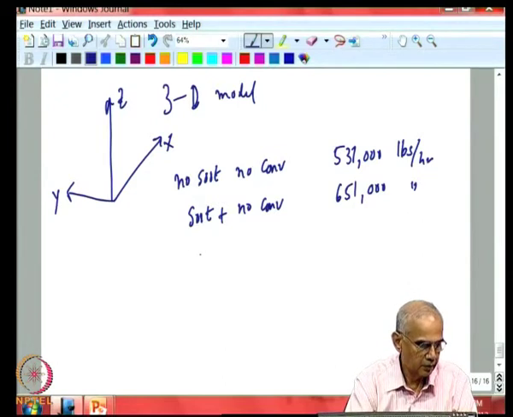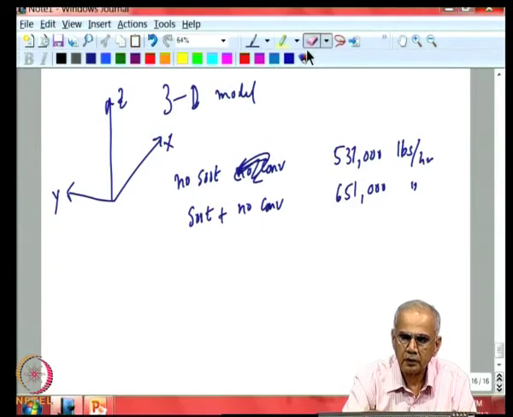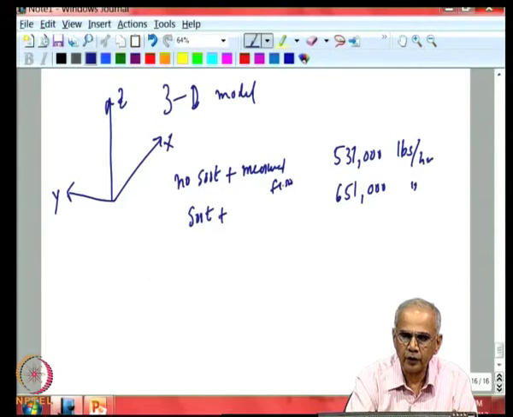Then let me explain this better. Not convection, because here this is plus measured flow. You measure the flow and incorporate the convection transfer. Same here.